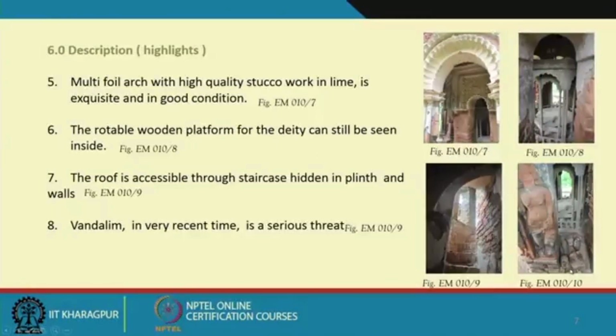The local community is trying to at least keep the local pieces, shifting them and keeping them in a proper place so that they can be restored. So the major problem here is vandalism and neglect; the intention may be there, but probably the ability is not there to do that, for whatever reason.